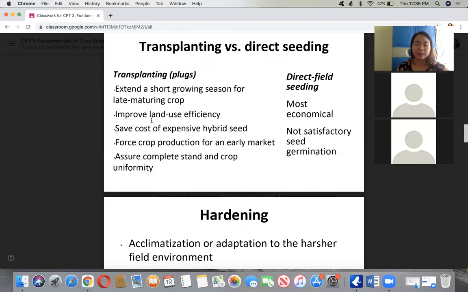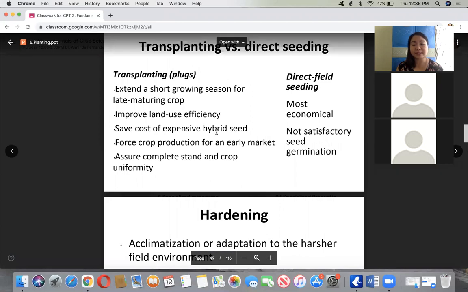And it will also improve land use efficiency, because you don't get the result of direct field seeding where you have dead seeds that did not germinate. When you transplant, almost 99% of your crop is insured, so you use the land efficiently. And it will also save the cost of expensive hybrid seed.